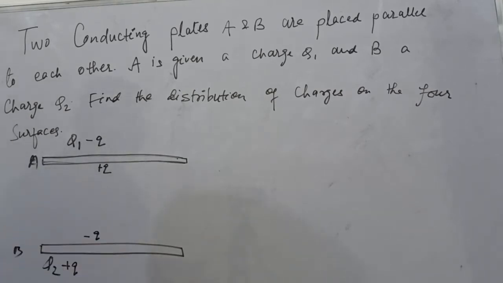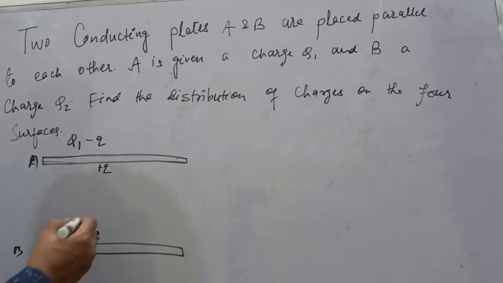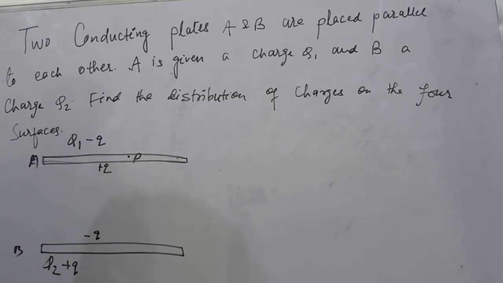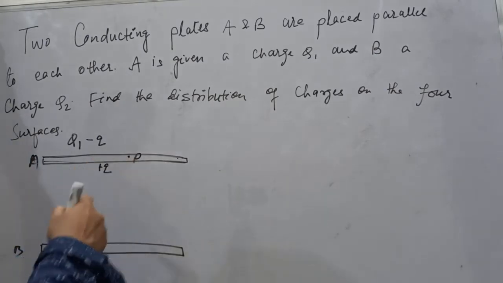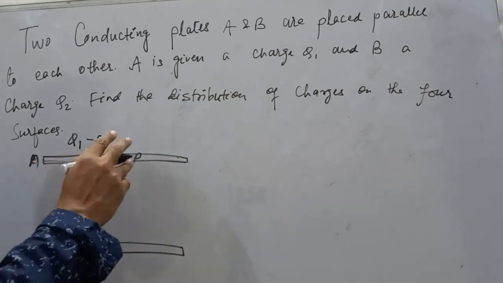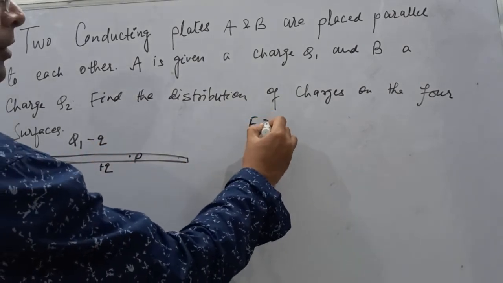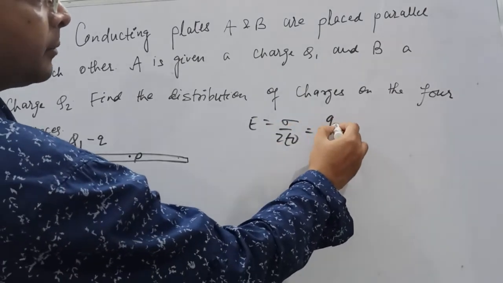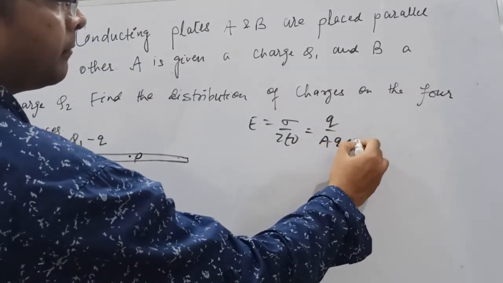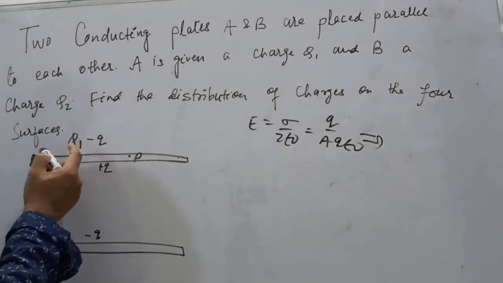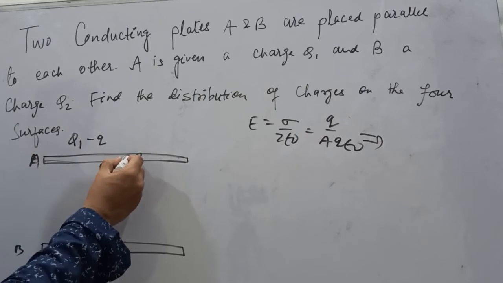Small q we don't know till now. Consider a point P inside the plate, and we know that inside the conductor the electric field is always 0. Due to any plate, the electric field has a general formula, sigma by 2 epsilon naught. Sigma is nothing but q by area, so we can apply this. This is any positive charge, so due to this, the electric field will be this way.